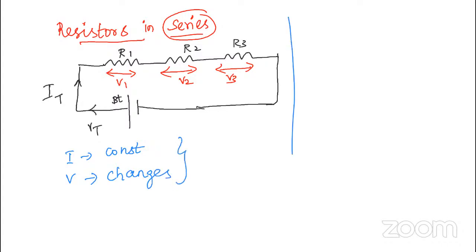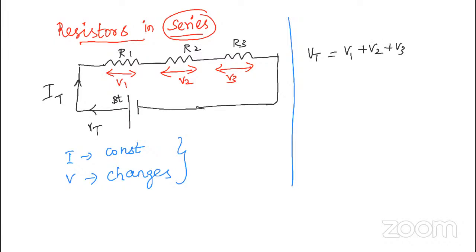On that day, we calculated the V total value and the current values. These formulas are very, very important. So what are the formulas? V of T is equal to V1 plus V2 plus V3.